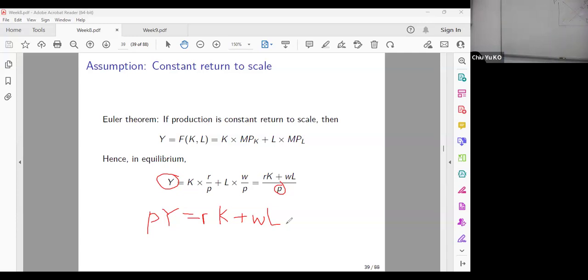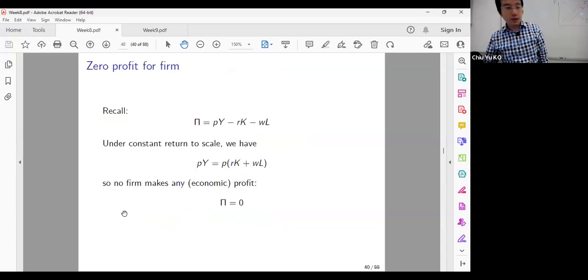If you don't want to carry out the math, the model is basically just saying that profit equals 0. Why do we care about this? Quickly, because the firm's profit is the revenue minus the cost of capital minus the cost of labor, you can prove profit is 0, because they are the same.